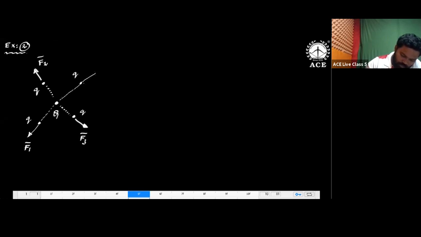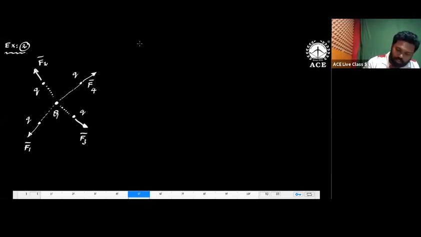Here is a charge Q. Here it is some F4. So at the different points around the charge Q, the force experienced is different. Then you can say that the charge is surrounded by what is called electric field lines.